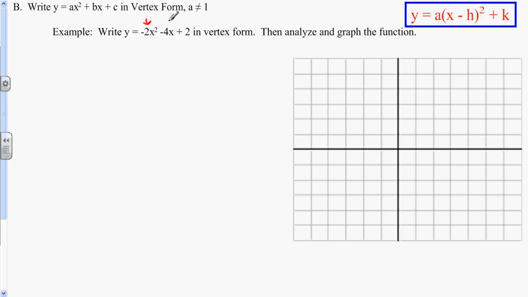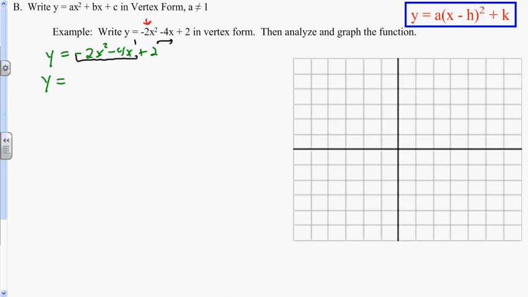Now, we're going to take a look at this a little bit differently than yesterday, because we have y equals on the other side and not 0. Again, we're going to focus on specific pieces, just like our last question. We're going to look at -2x squared minus 4x.